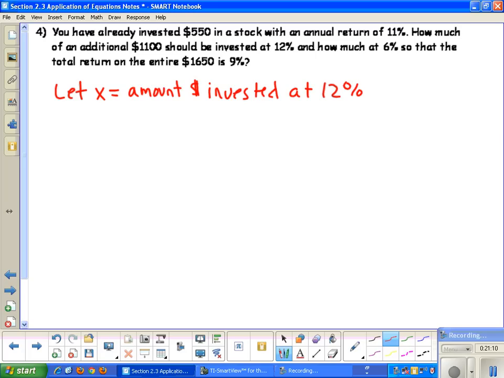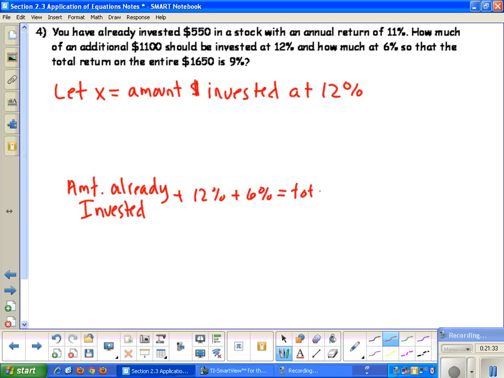So let's all kind of think about this. This is the amount already invested, plus we need the amount that we're going to invest at 12%, plus the amount at 6%, is going to be equal to the total. So we already know the amount invested is $550 times 11% because the return's 11%.